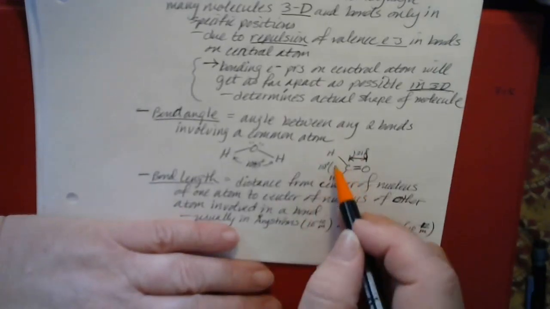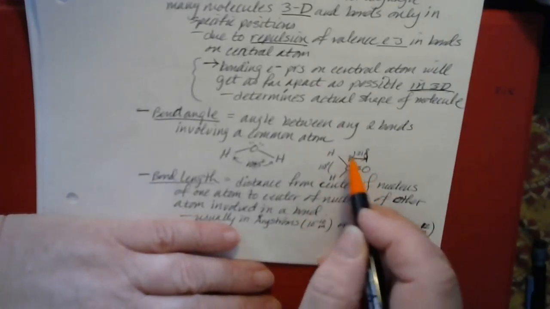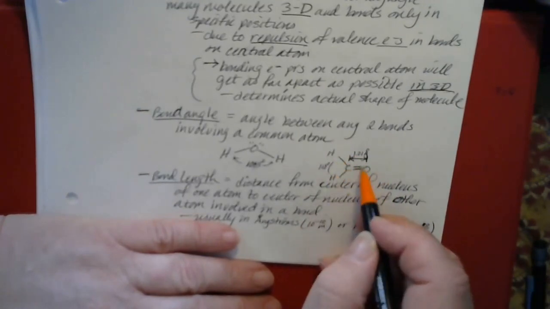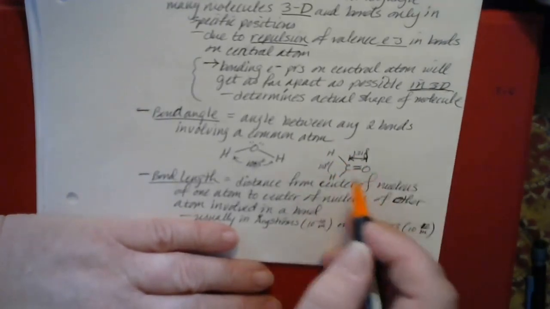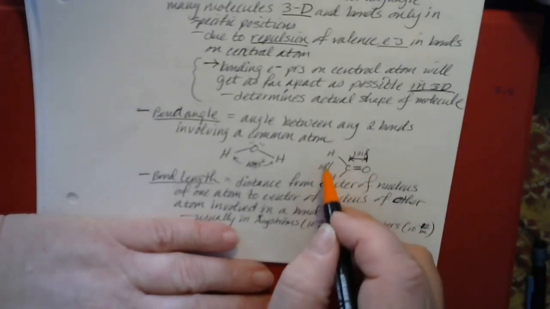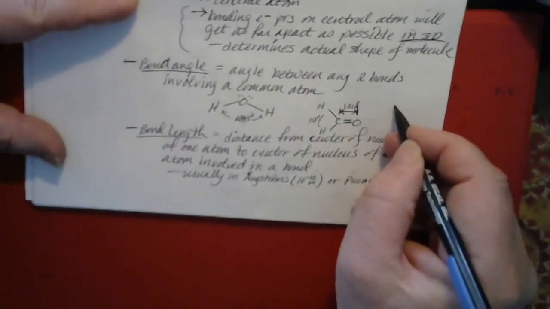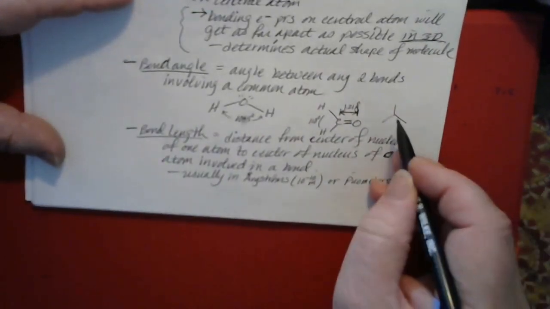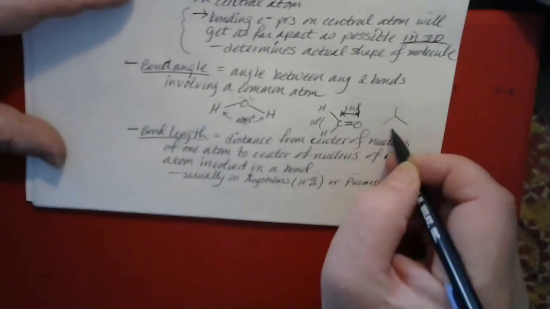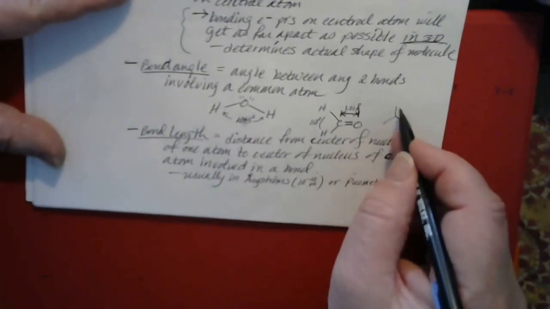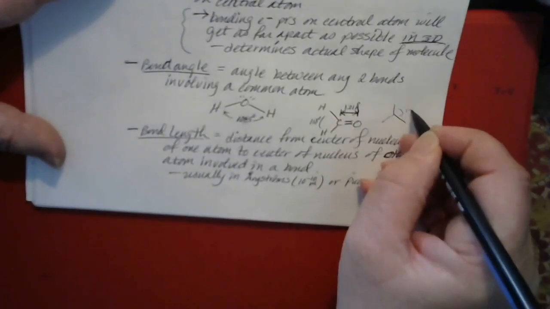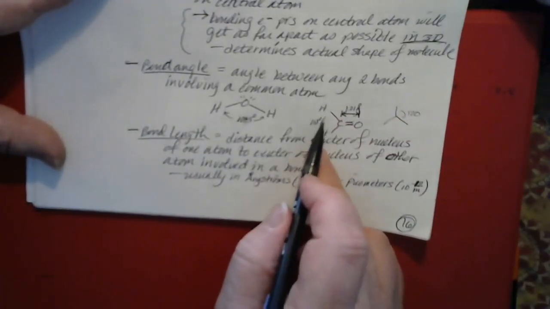And it turns out that the bonds are about 120 degrees each, but actually the double bond takes up a little more space and it pushes the 2 hydrogens a little closer together, so that bond angle is actually more like 118 instead of 120. 120 is what you would expect if the 3 bonds in the molecule were equally spaced around the central atom, because a full circle is 360 degrees. And if you have 3 things that are equally spaced around a circle, you would expect them to be 120 degrees apart. But in this molecule, it's a little different because you've got the double bond taking up more space.